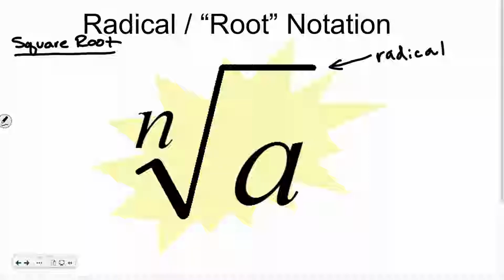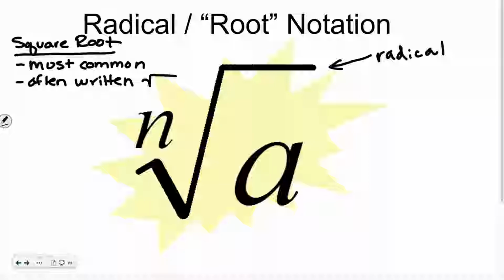It's most common. It's often written as just simply the symbol, the radical, right? So I'm just going to put an X in there. It could be anything, but it's often just written as square root of x.